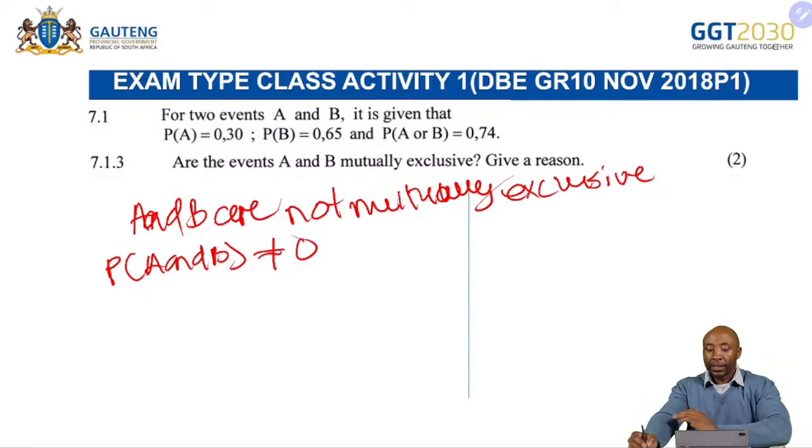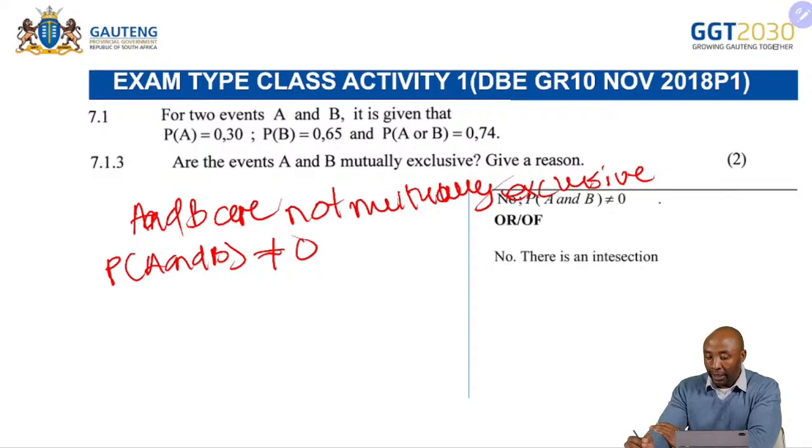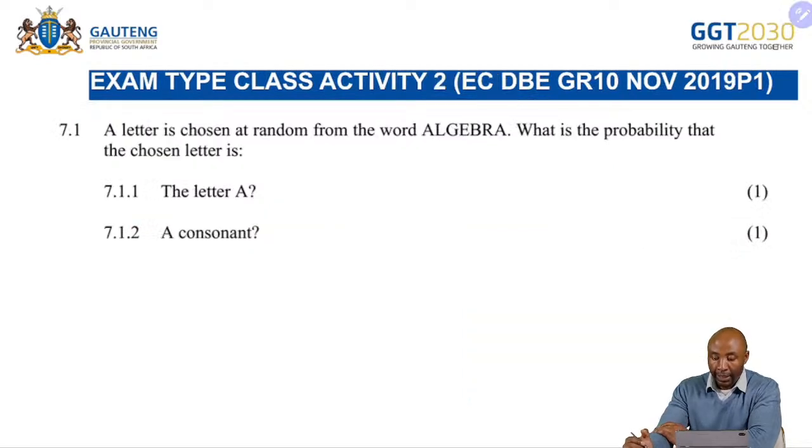We found it as 0.21, or you can say there is an intersection as your reason there. So no, P(A and B) not equal to 0, so you'll get a mark for no and a mark for probability not equal to 0.